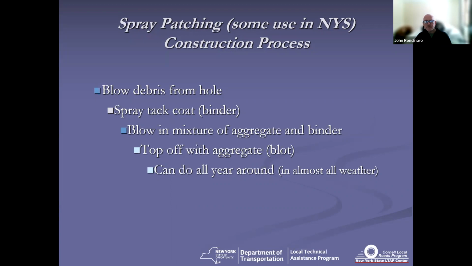You're going to be switching over your lever. You're going to be blowing in a mixture of aggregate and binder. You're then switching your lever again. You're going to be topping off with aggregate, something to blot up any excess liquid. Then you blow it off again, perhaps, and then you can do this all year round in almost any weather. So it's a real nifty operation.